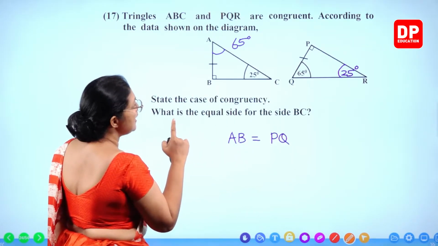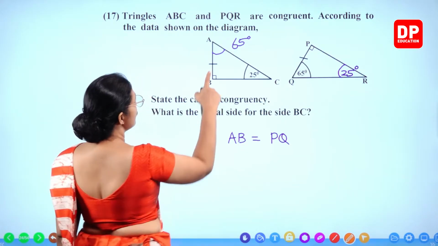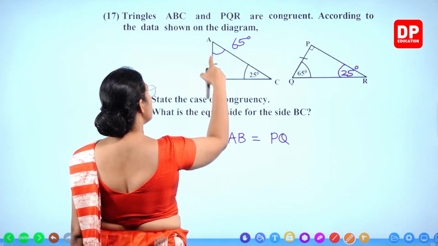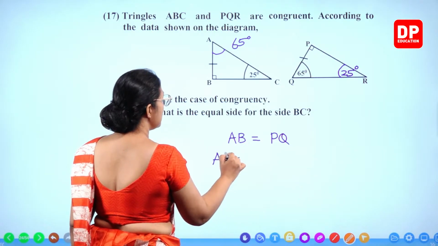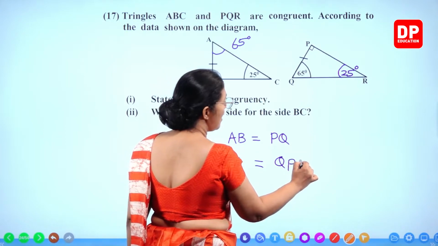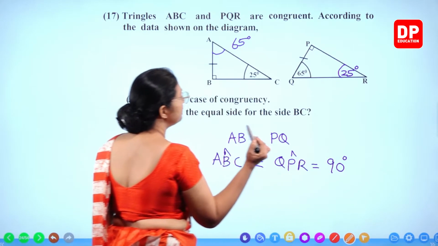And we can see only one length. So we have to take 2 angles. Either you can take the right angle, ABC angle, that's 90 degrees, is QPR angle, that's 90 degrees.